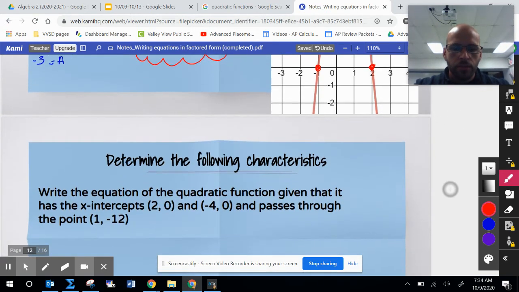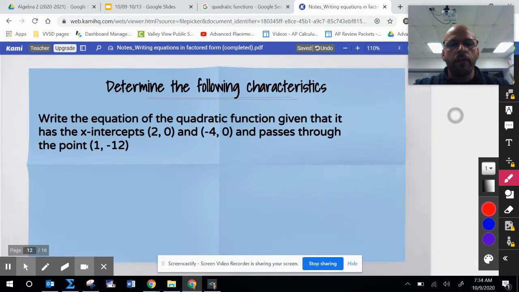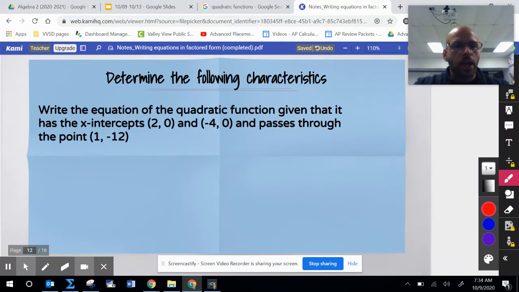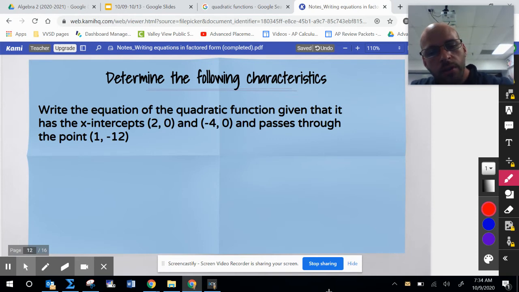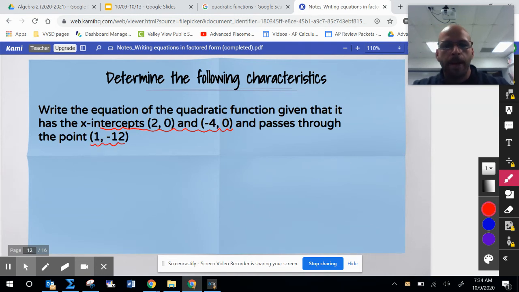Let's keep going. So now I just give you kind of a verbal description, just saying, hey, these are the x-intercepts. This is the point that I want to use. Now, a lot of times these do come out to be decimals, but we'll work through it little by little here. So I give you the x-intercepts, okay, and I give you a point, all right?